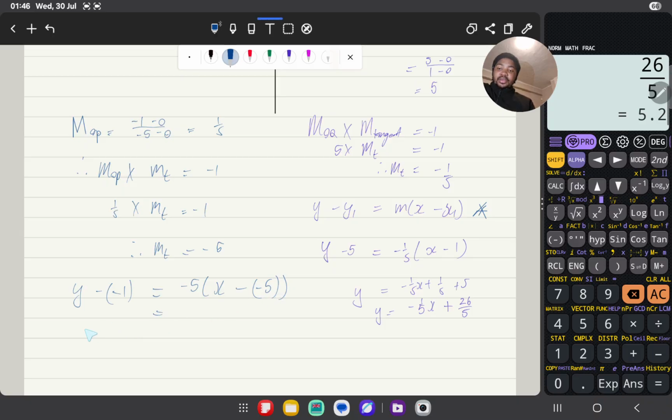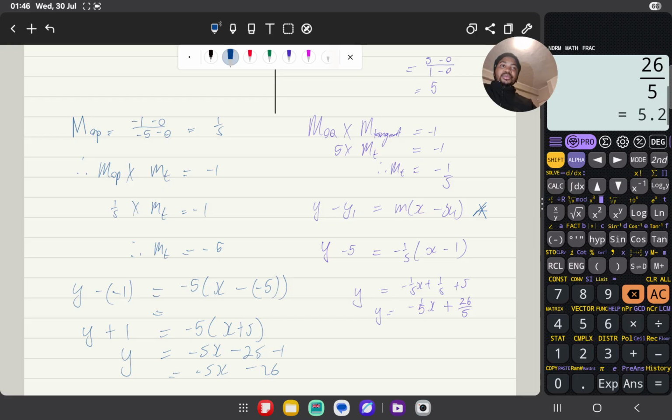That means I have y plus 1 equals minus 5 times x plus 5, and this is going to be y equals minus 5x minus 25 minus 1, so y equals minus 5x minus 26. So you see now what I have found.